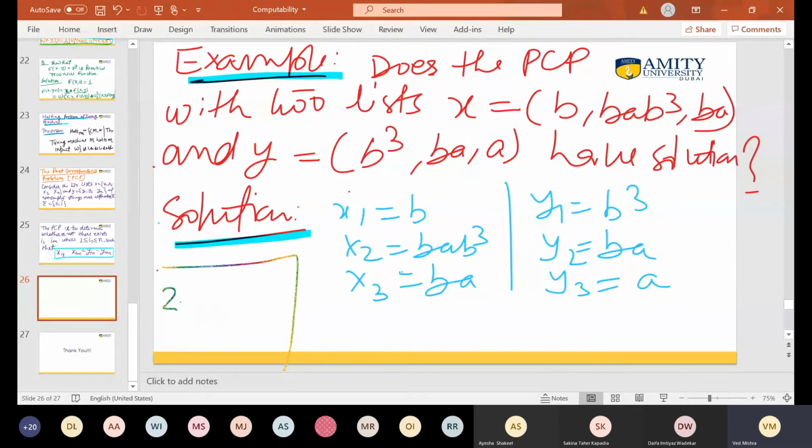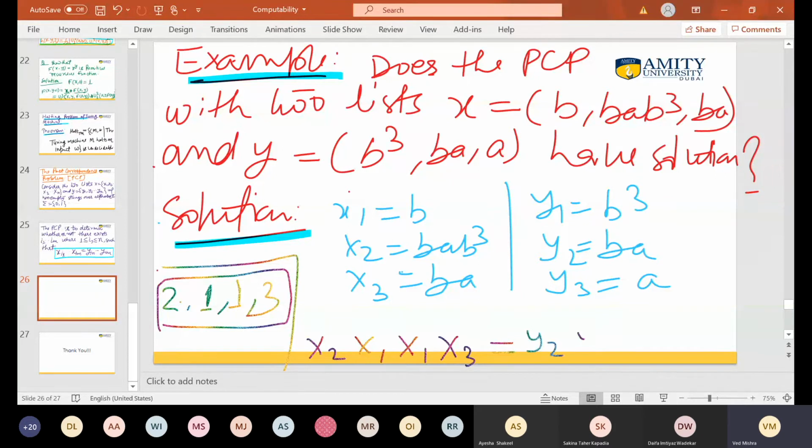We have one solution, 2113. If I am saying we have one solution 2113, what does it mean? You will write it in this form: x2, x1, x1, x3 equal to y2, y1, y1, y3.